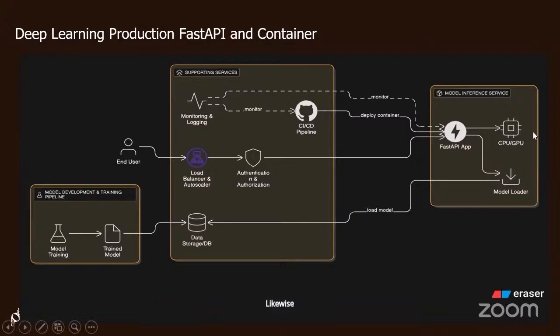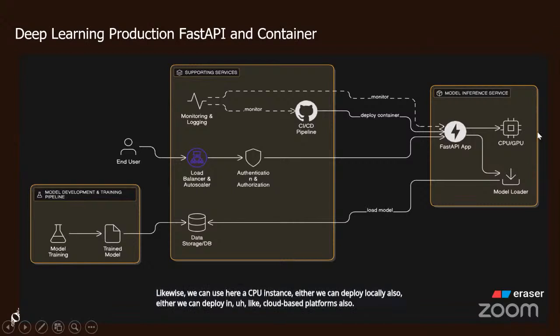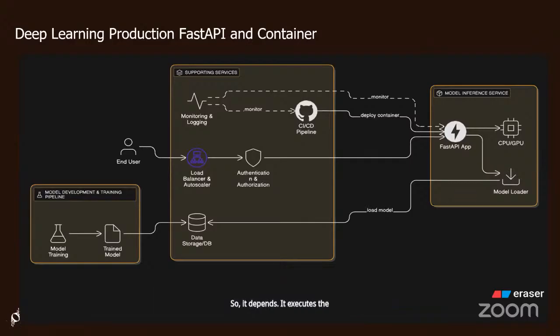Likewise, we can use a CPU instance. We can deploy locally, or we can deploy on cloud-based platforms also. It depends. It executes the inference request using the optimal available computation power, like the hardware for a task like this. Then there is the end user request flow.